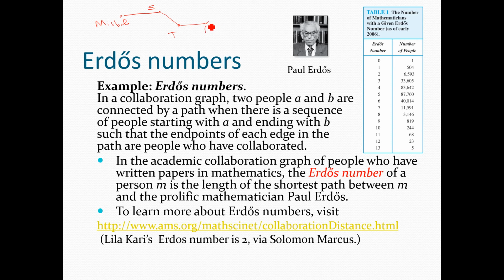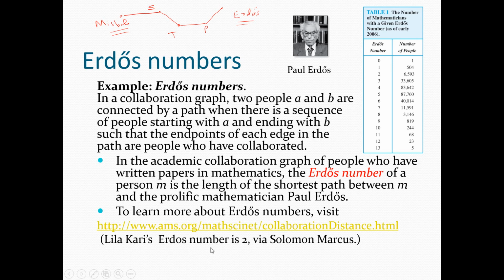Finally, this P is a co-author of Erdős, right? So this is the Erdős number for me: 1, 2, 3, 4. This is a path of length 4 between me and this mathematician. So this is how we can find the Erdős number.